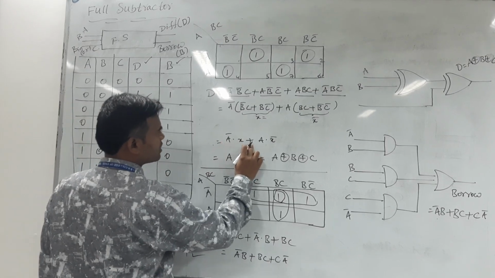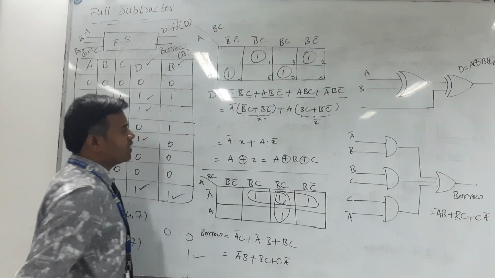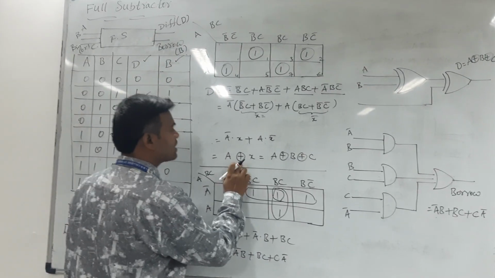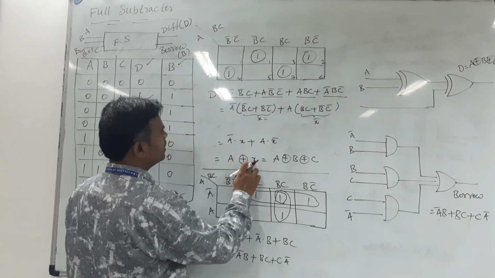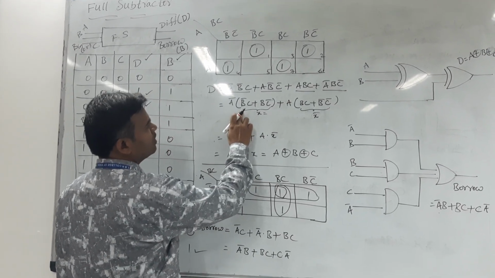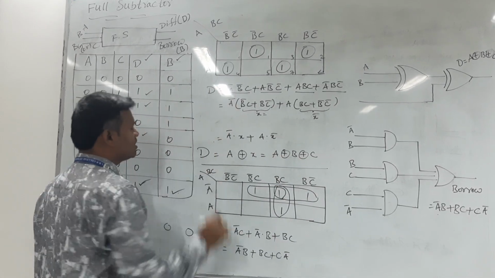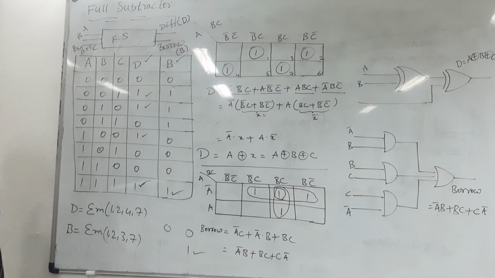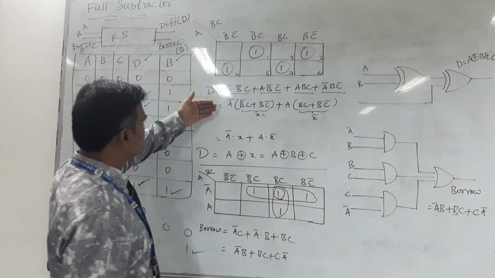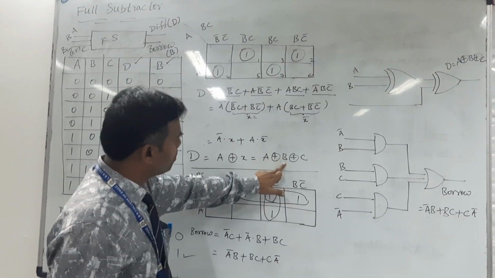Therefore A bar into X plus A into X bar, as per the XOR gate output, is nothing but A XOR X, and the part we consider as X is B XOR C. This is not a simplified Boolean expression, since simplification is not possible, but we rewrote it in a convenient way as D is equal to A XOR B XOR C.